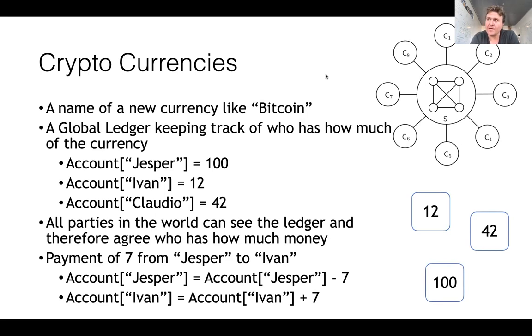You can think of it as just a big map, let's call it account, which is mapping account names, let's for now just pretend that it's the name of the account owner, into how much is on the account.